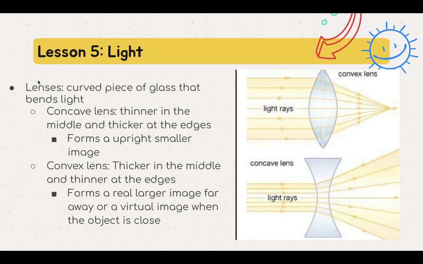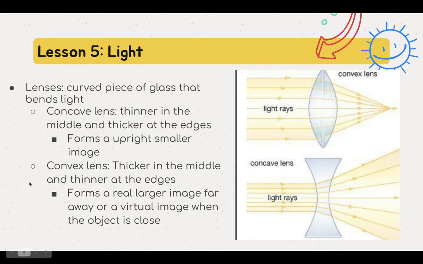Okay, so that's this bottom one right here. It's thicker in the edges and thinner in the middle. Okay, and that forms an upright image, so it's not upside down, and it's also a smaller image. An example of a concave lens is a peephole.